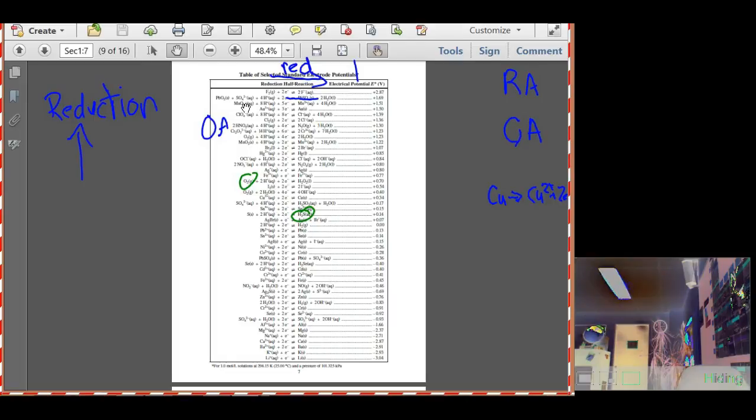Spencer's question, 5D. I swear, that's the most perfect one. Find that on your table. Find the OA. Find the RA.